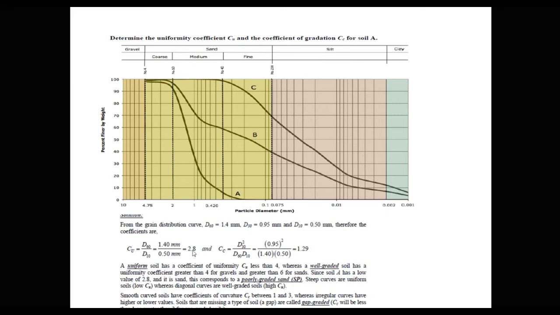Suppose the uniformity coefficient is less than 4 and the coefficient of gradation is between 1 and 3, then in that case it would be a poorly graded soil. The reason being that this here is not or, it is and. So both the criteria have to be met, both the uniformity coefficient as well as the coefficient of gradation.